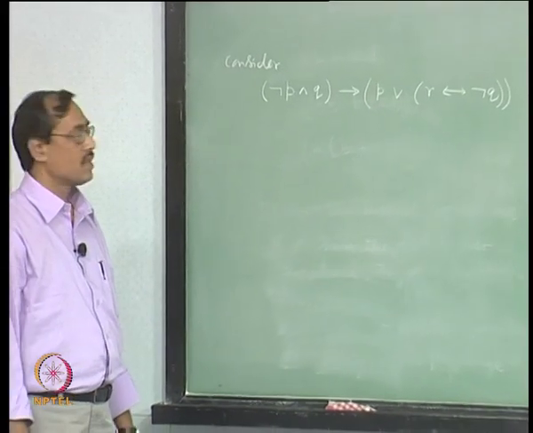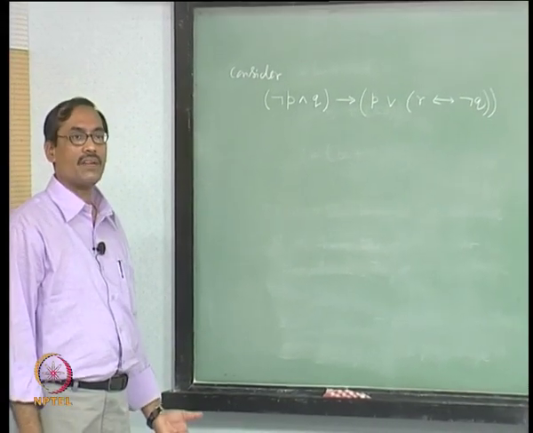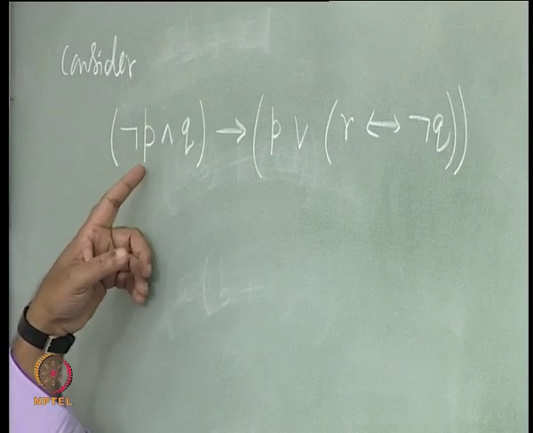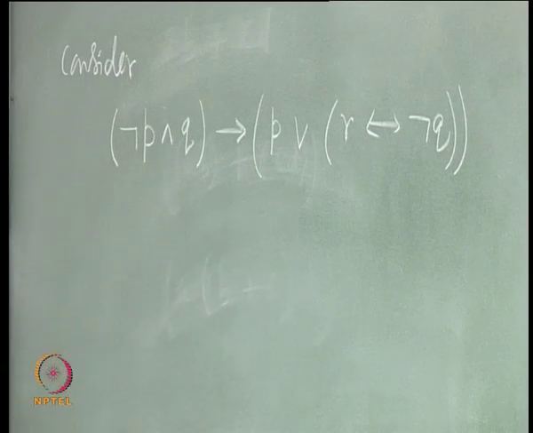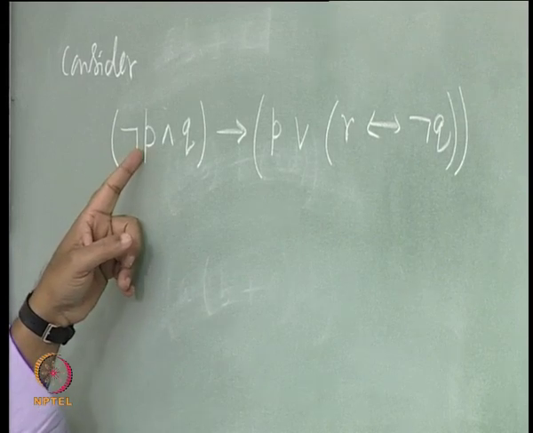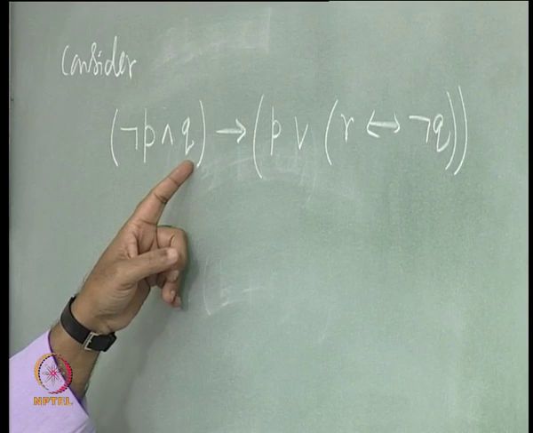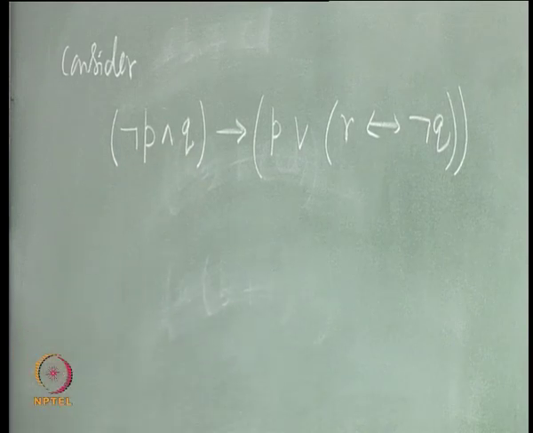We want to evaluate it under various interpretations. Now, first we have to find out which are the propositional variables. Neither p nor q is a propositional variable formally. We have only p0, p1, p2 and so on.